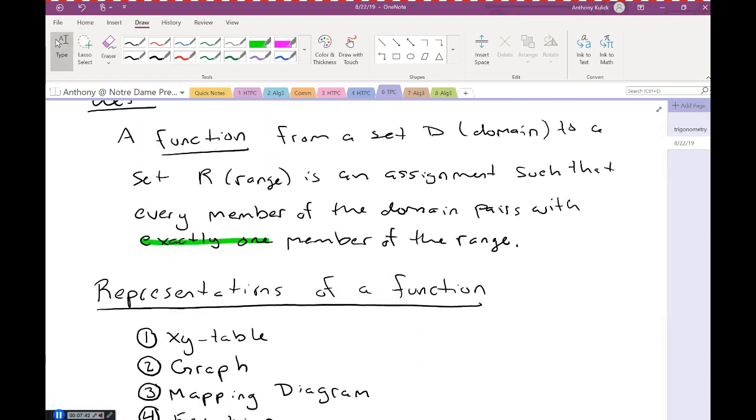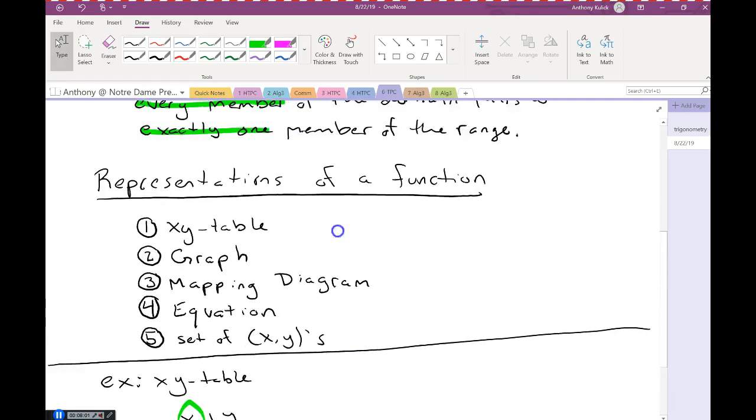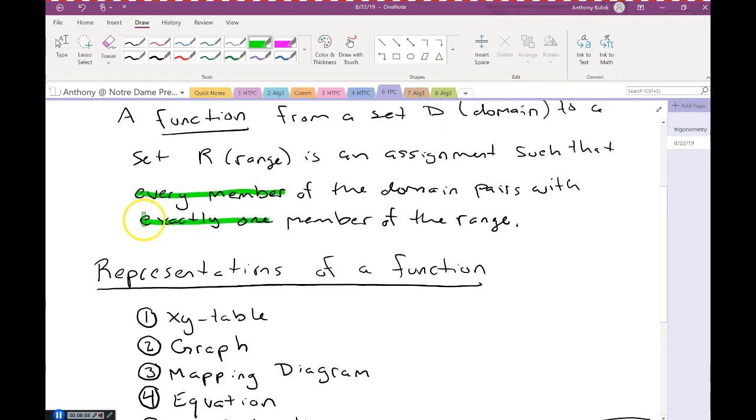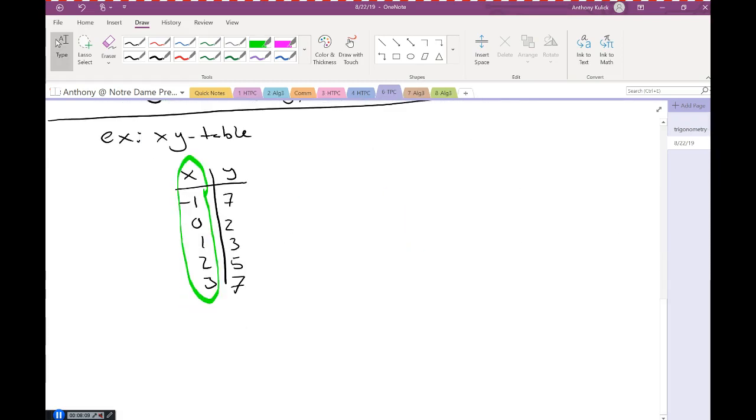It says we need to make sure every member of the domain has a pair. Which part is our domain, x's or y's? That's the x's. So do all the numbers here have a y that pairs with it? Okay, so we satisfy that part of the definition. The second part says that pair has to be with exactly one member of the range. So I have to make sure that each x is only paired with one y. If I look at -1, that pairs with just 7, right?